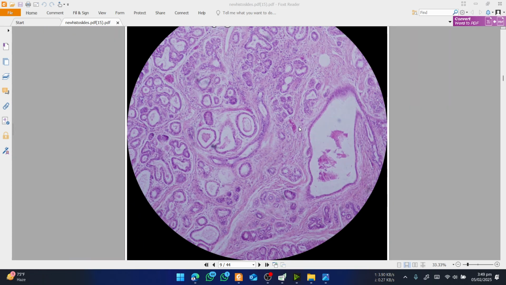Mammary gland, this is a gland of the breast tissue. You will see stroma, the connective tissue that is present between, this is the stroma, and these are the acini.